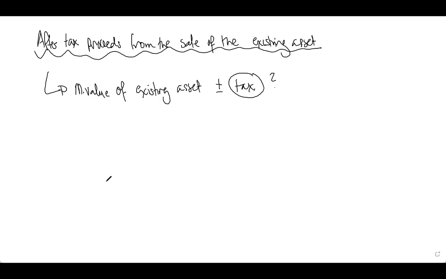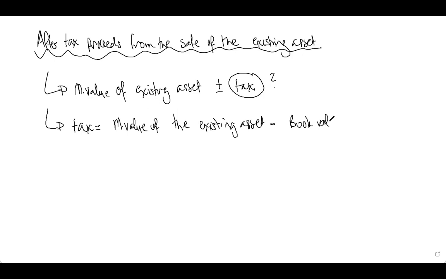How do we calculate the tax associated with the sale of the existing asset? To get the tax, we simply take the market value of the existing asset minus the book value of the existing asset, and we multiply this by the tax rate.